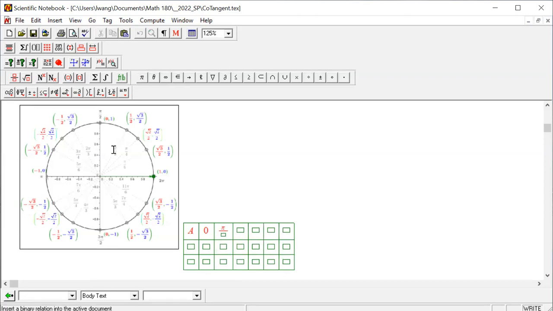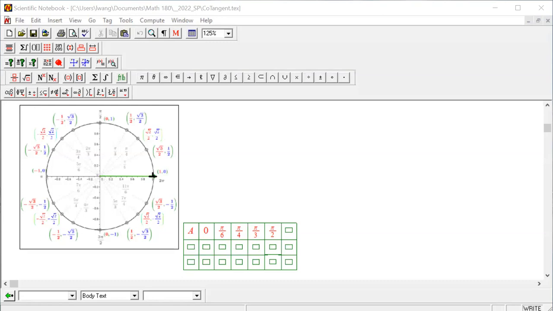So in quadrant 1, pi over 6, and the next one is pi over 4 and pi over 3, and of course, the next one would be pi over 2. So we measure the angle counterclockwise from the standard position.